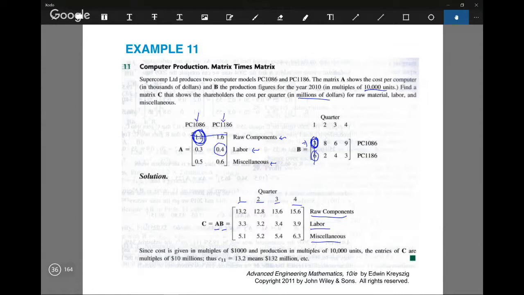I'm basically taking, for the first PC, the cost of raw components times the number of PCs produced, plus the cost of raw components for the second type of PC times the number of PCs produced. And this 13.2 is therefore the cost of raw components in the first quarter. Okay? So this is one compact way of computing the costs for the company.